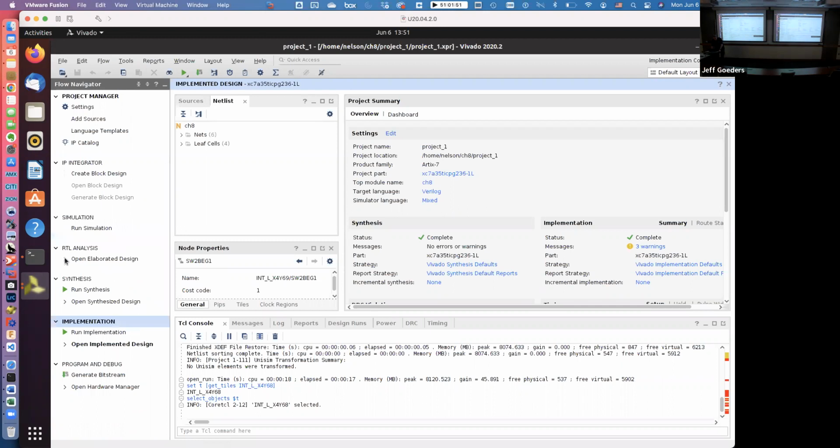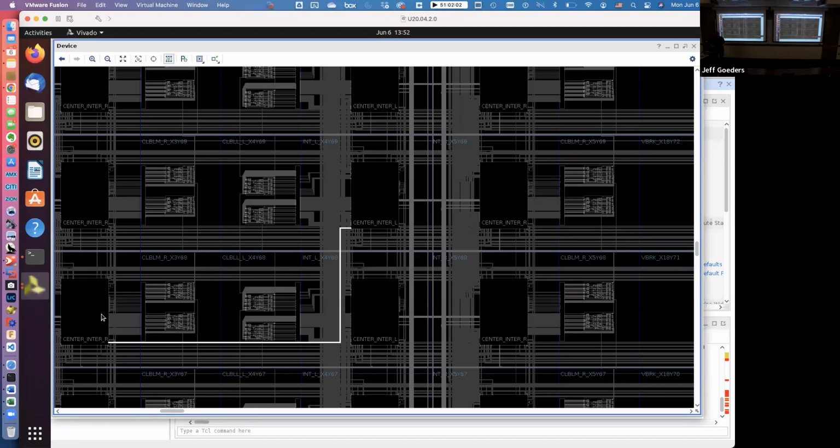Can you see it? Right here. Nope, down here. Okay, near the bottom. Once you have implemented it, you can now open it and you can see the physical design. You can see how things were spread around the FPGA by the tools.